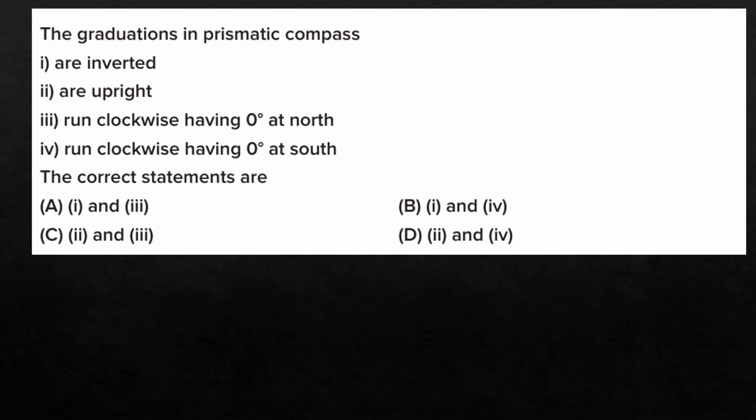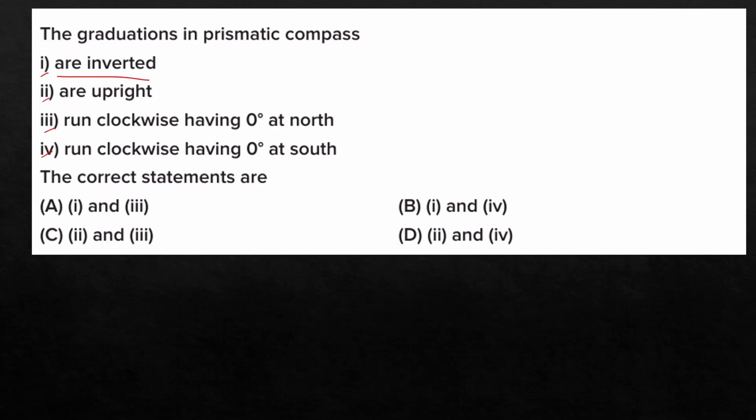The graduations in prismatic compass are: inverted, upright, run clockwise having 0 at north, run clockwise having 0 at south. If you go through the statements, we can understand that the readings in prismatic compass are inverted.